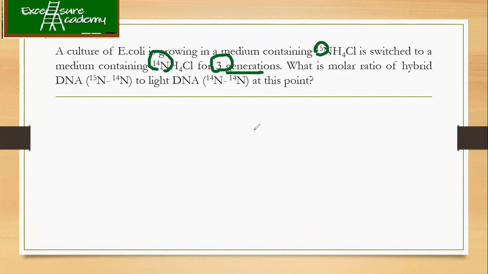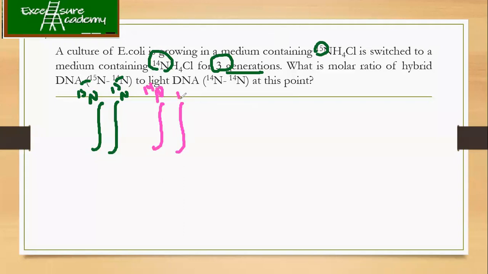If you see, what is given is that, let us say that this is your heavy DNA, N15 both, okay, and let's have another color. This is for your N14. Now how it is going to happen? See, in the first generation, let me just clear this thing.